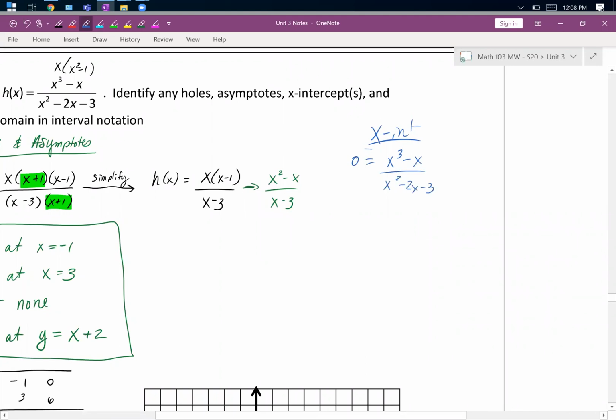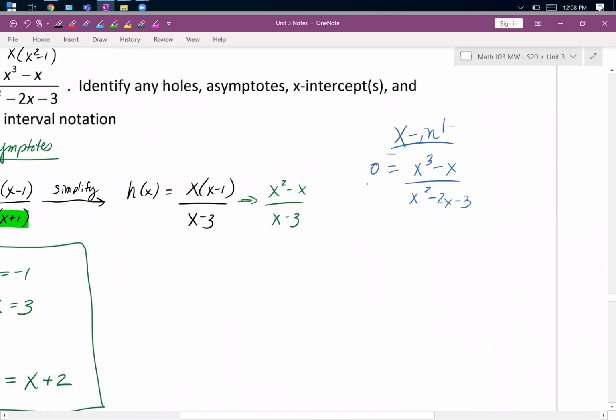Oh, we got this proportion again. We can cross multiply. 0 times our denominator is 0, and 1 times our numerator is our numerator. So this gives us 0 equals x to the third minus x.